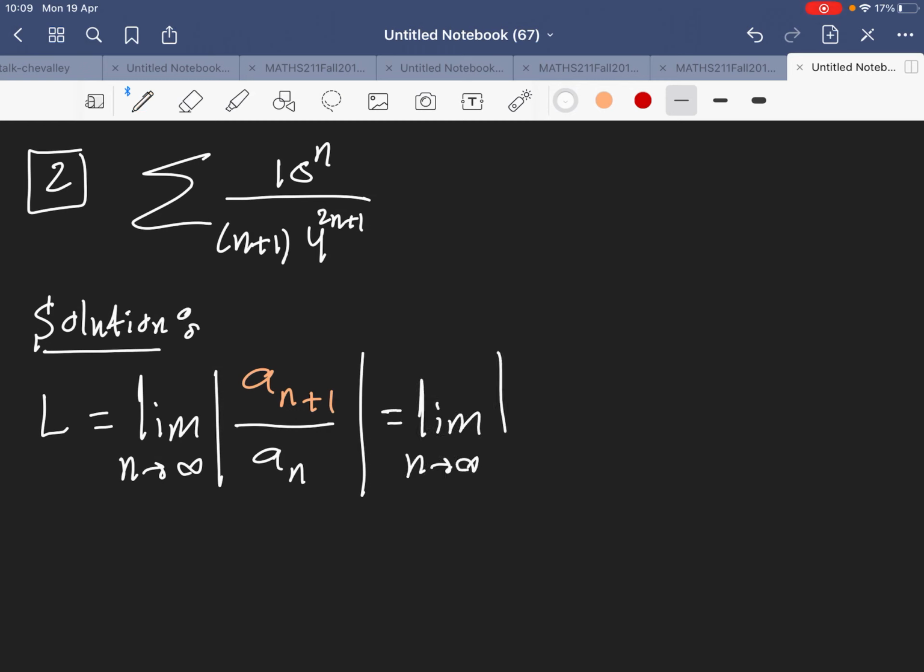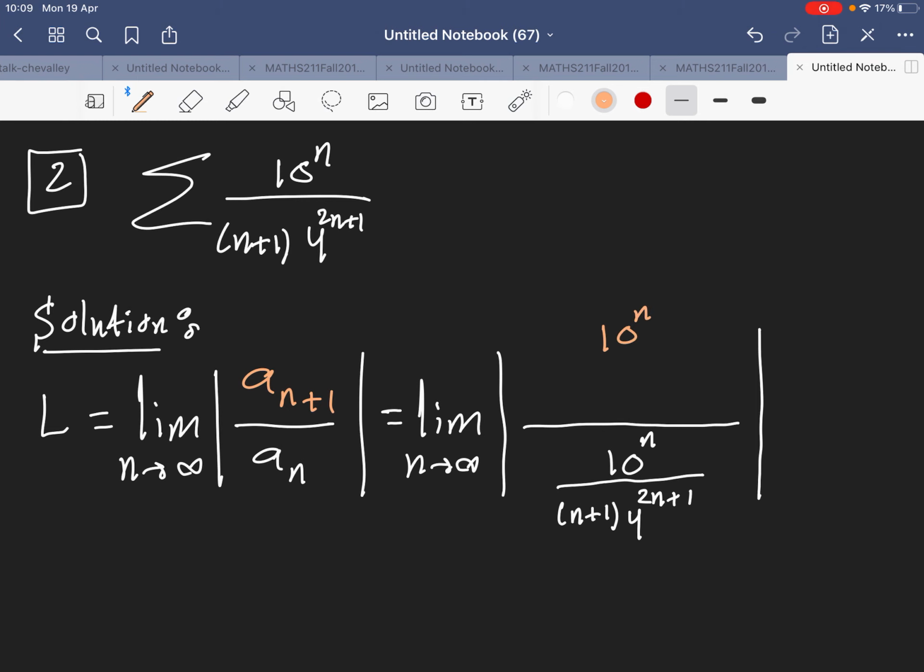In the bottom is easy. I can put something very, very simple on the bottom. No worries. It is 10n over (n plus 1) 2n plus 1. Now the one in the top is 10 to the n plus 1.